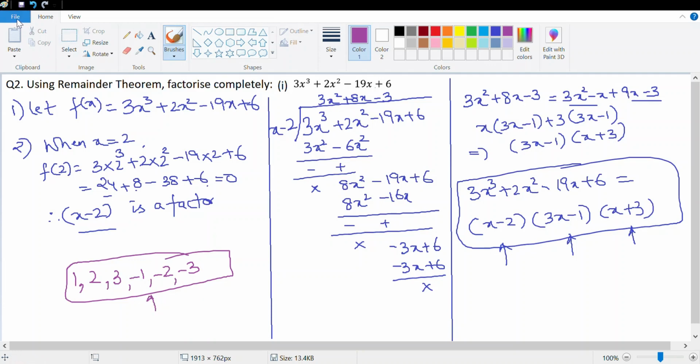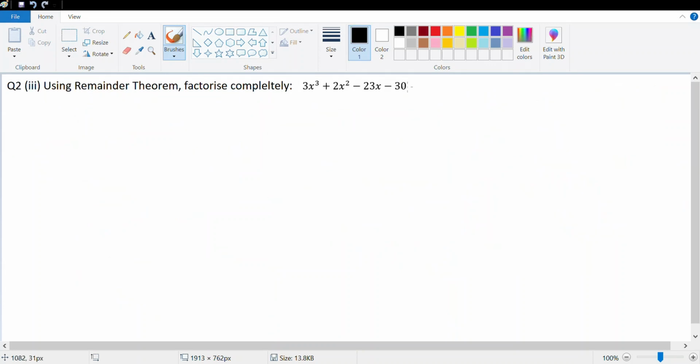Good, let's look at the next question. The next question that we do is question number 2, part 3. It says using remainder theorem factorize completely 3x cubed plus 2x square minus 23x minus 30. So let f(x) be equal to 3x cubed plus 2x square minus 23x minus 30.